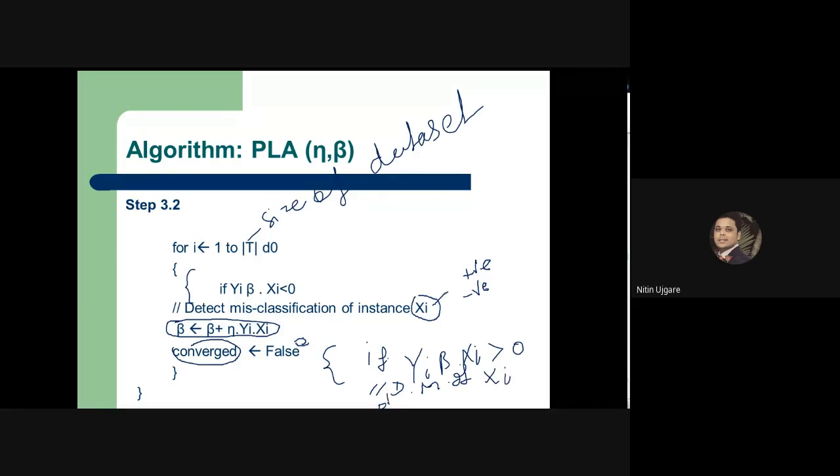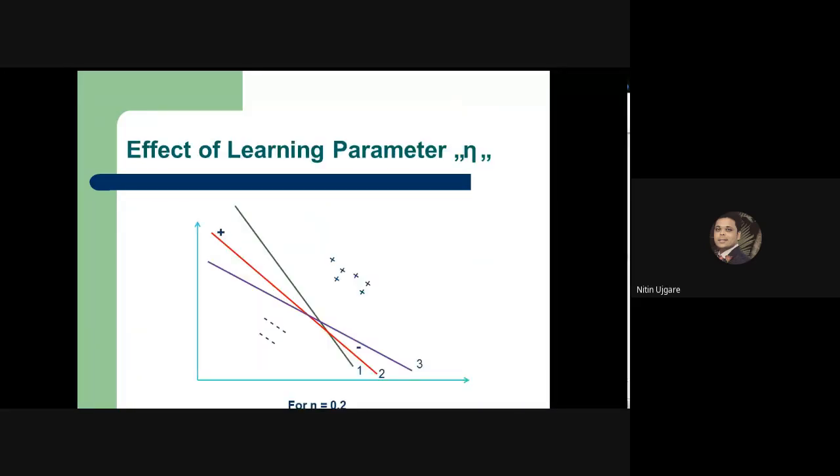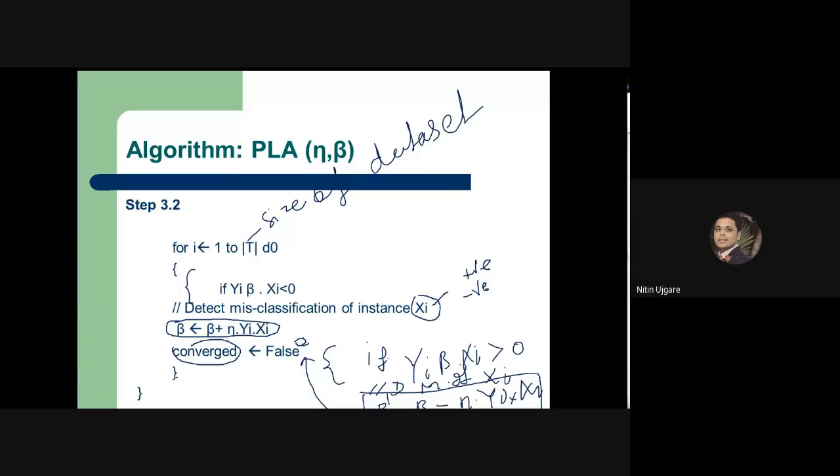Beta dash is equal to beta minus eta into yi into xi. Okay, so this is the simple learning rule that we are going to use, and again we'll set this converge to false and we'll come out of this loop. So any problem in the algorithm? That's it for the perceptron learning algorithm.